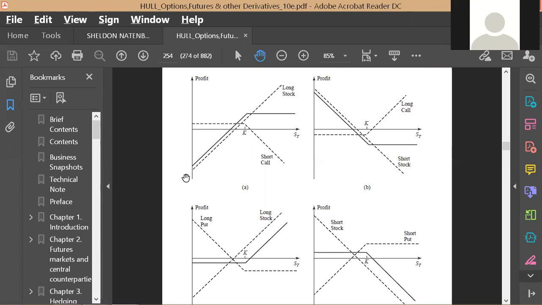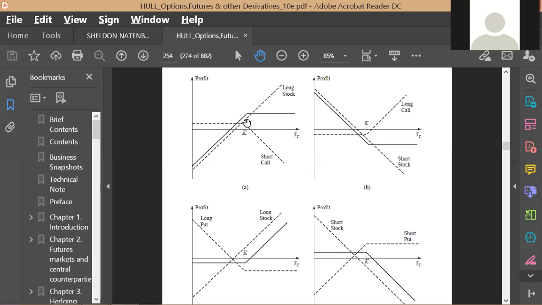In each of these, there is a solid line, which is the position for which we are thinking about the synthetic equivalent. And the answers are all given here.